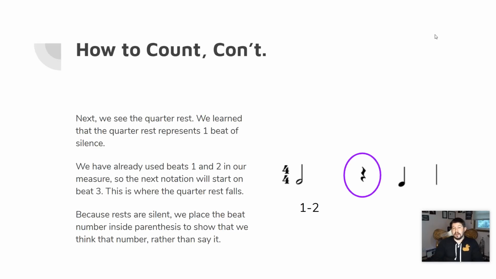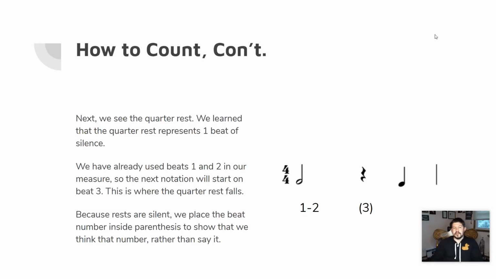Some of us had in our heads that rests, just because they're silent, don't get beats. No, unfortunately, that is not correct. They do still take up space, because if we didn't take up space with them, what's the point in having a symbol for a rest if it doesn't mean anything, right? So even though they are silent, they still get a set number of beats.